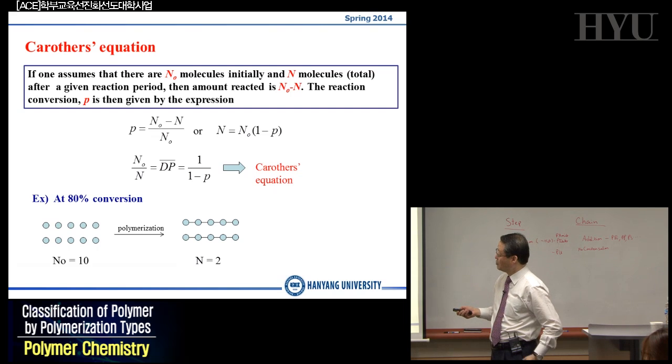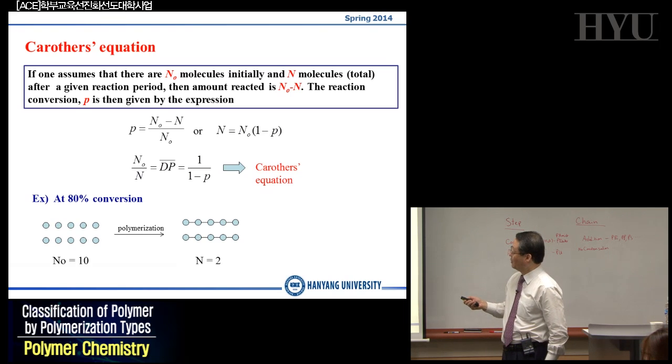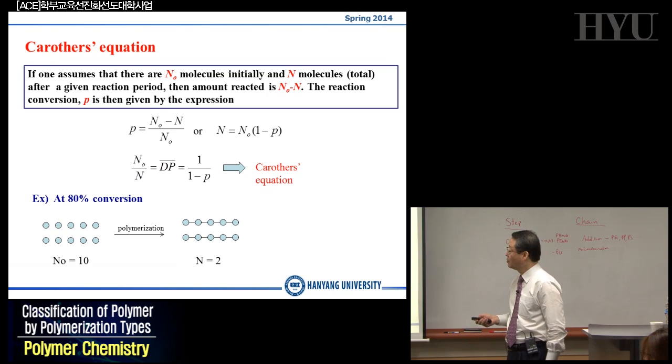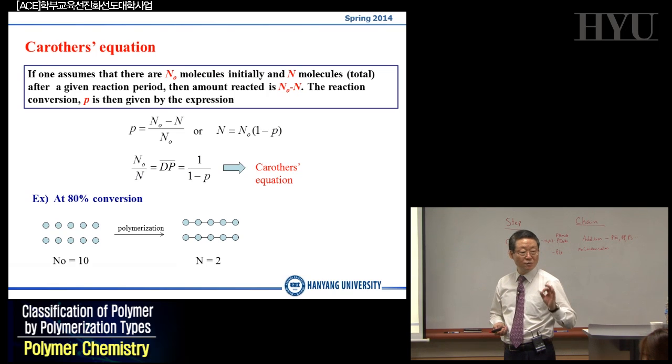So you can replace this N0 and N here, so you can calculate the degree of polymerization. So dP in this case could be 5, because N0 is about 10, N is equal to 2, so you can determine dP, which is 5.